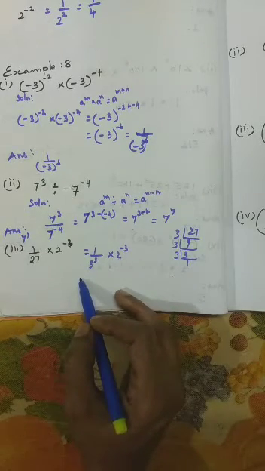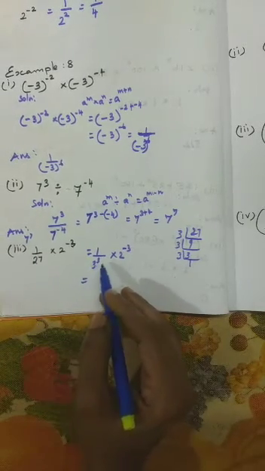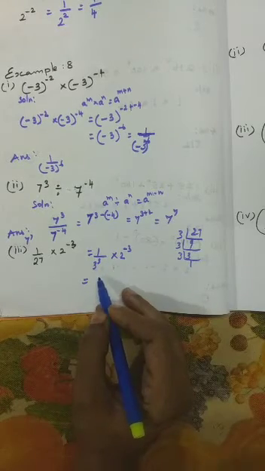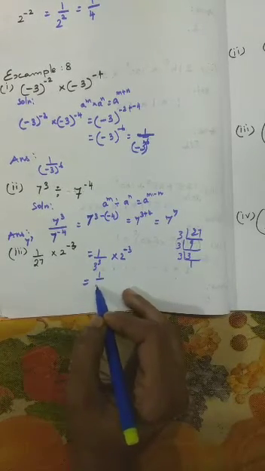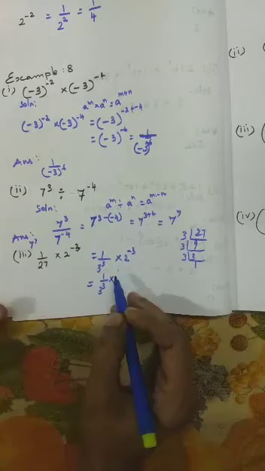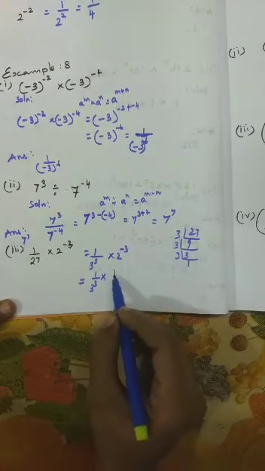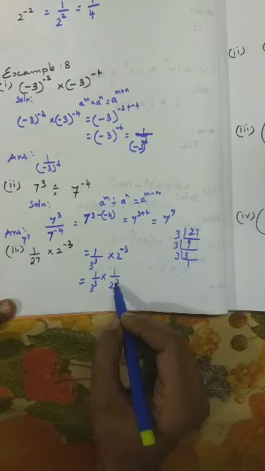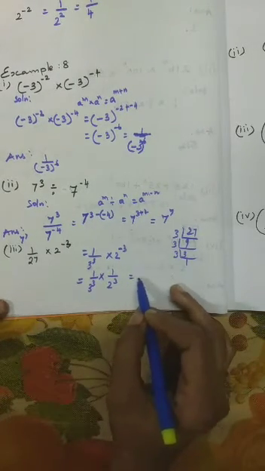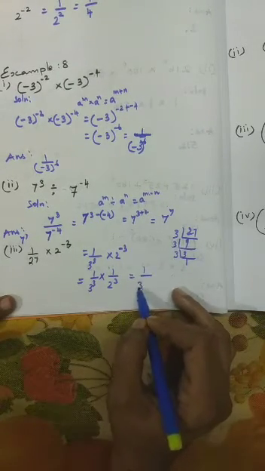Okay. We can write this as 3 cube means 1 by 3 cube into, you have to change the power as positive. So 1 by 2 cube is equal to 1 by 3 cube.